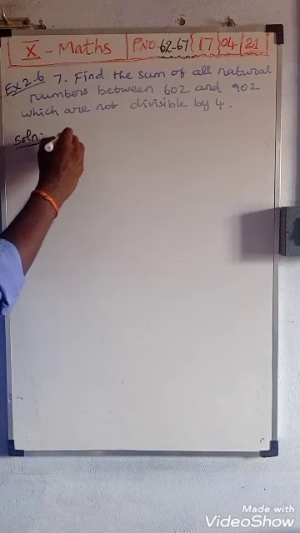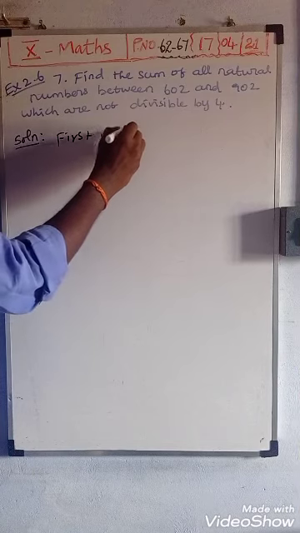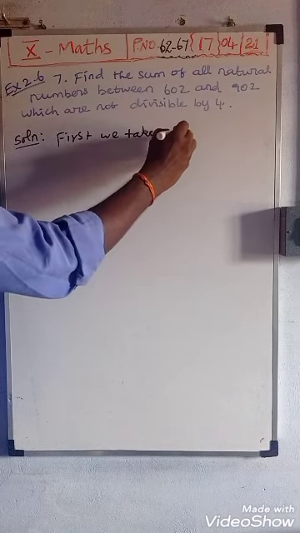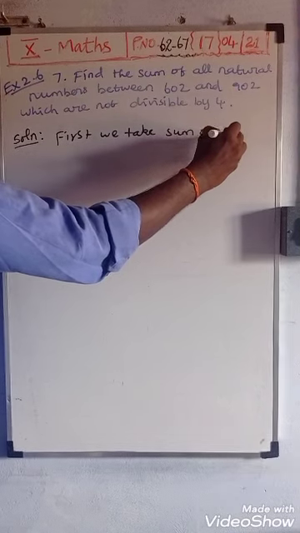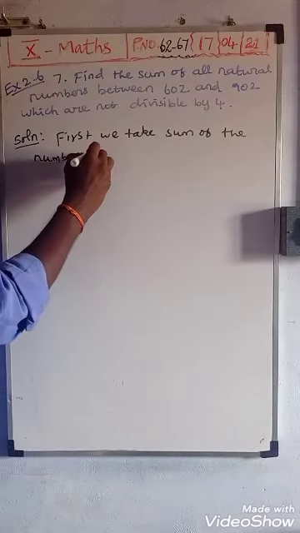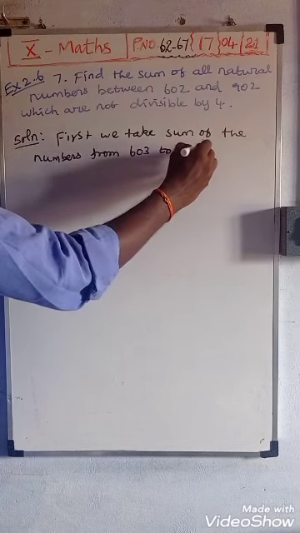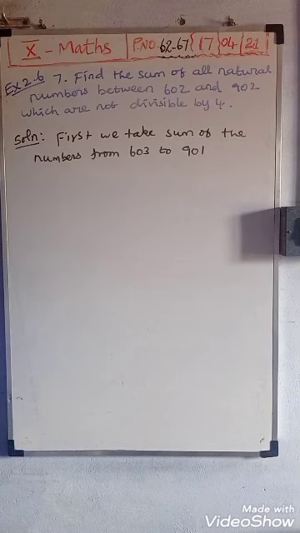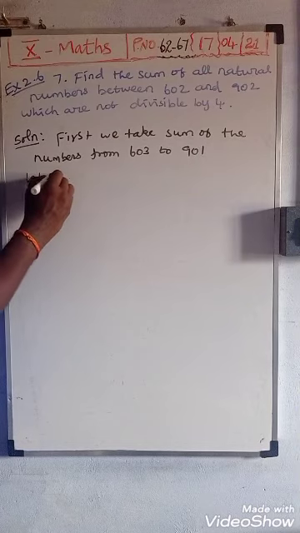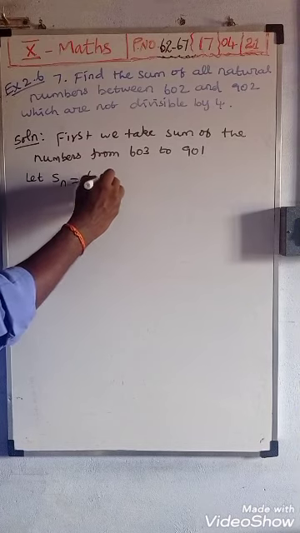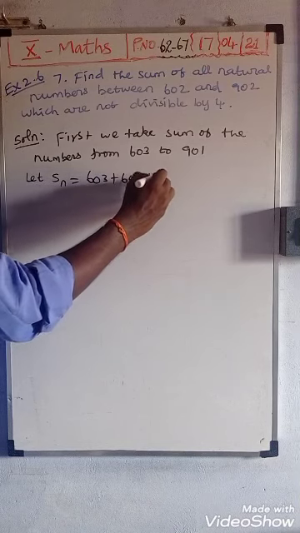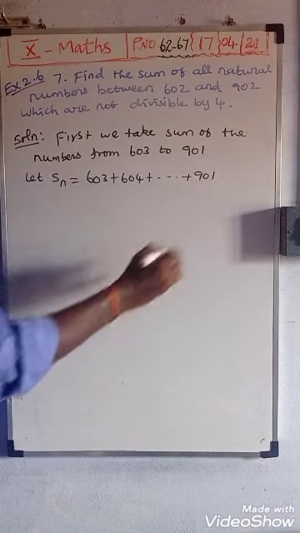So see the solution. First we take the sum of the numbers from 603 to 901. Now let Sn is equal to 603 plus 604 plus and so on, plus 901.